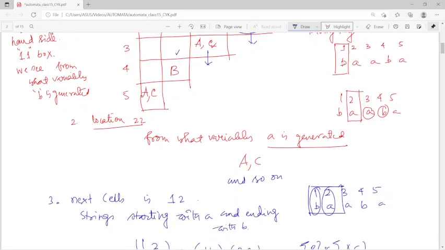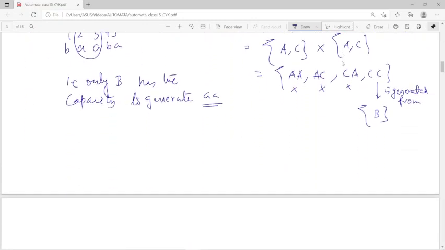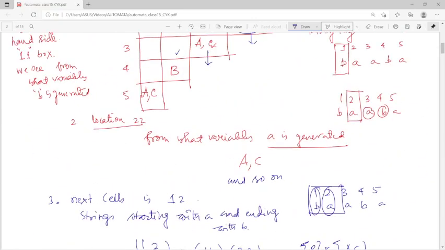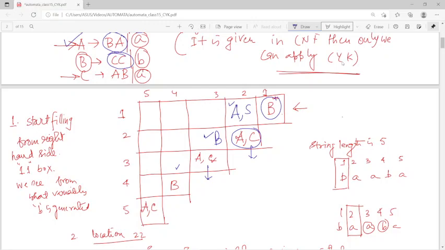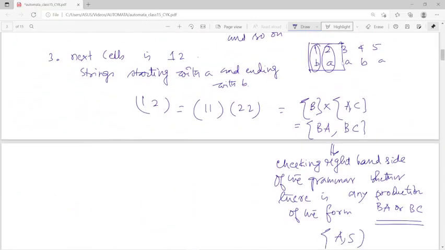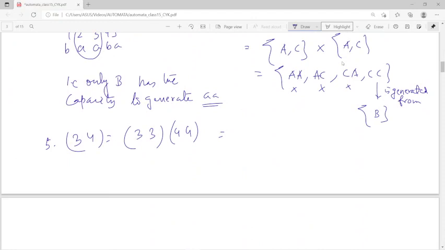I am doing the calculations in short now, and the next ones I will hear from you. That means 3 4, that means we can write 3 3 and 4 4. From this diagram, 3 3 is AC and 4 4 is B. So this is AC cross B, that gives AB and CB.